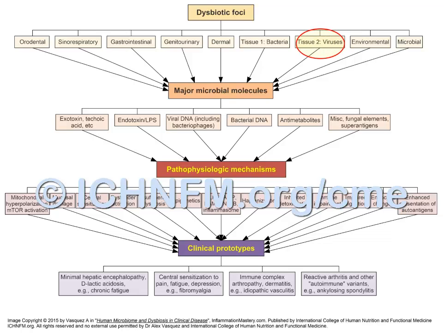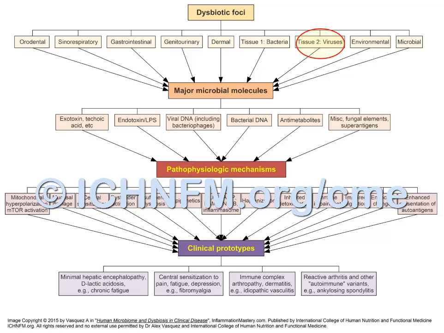You add all that together and you get all these microbial molecules and messengers, some of which are listed here, and then the mechanisms I've listed here, and then you see some classic clinical prototypes down here: hepatic encephalopathy, central sensitization, immune complex deposition, and reactive arthritis. Those are just prototypes which serve as models for other clinical entities like rheumatoid arthritis or lupus or fibromyalgia.